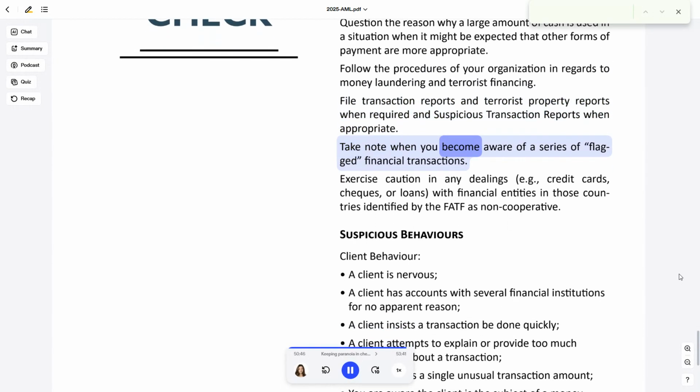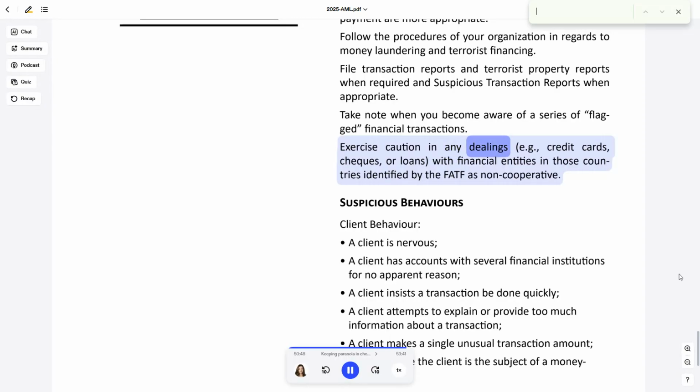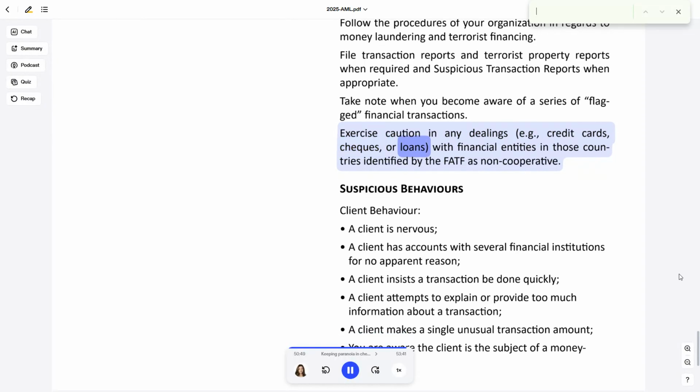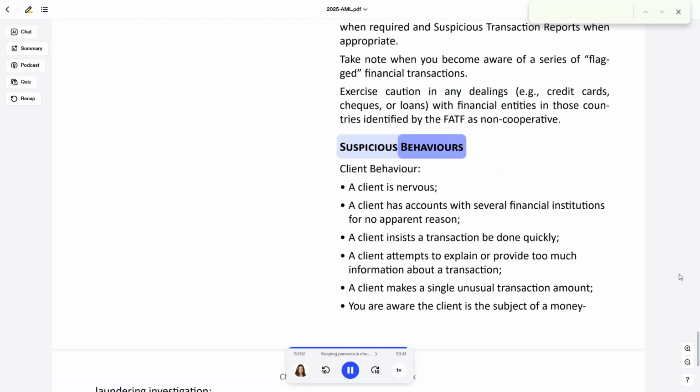Take note when you become aware of a series of flagged financial transactions. Exercise caution in any dealings, for example, credit cards, checks, or loans with financial entities in those countries identified by the FATF as non-cooperative.